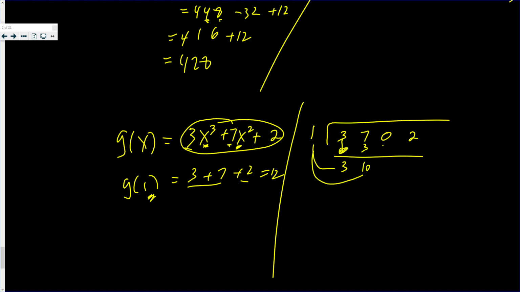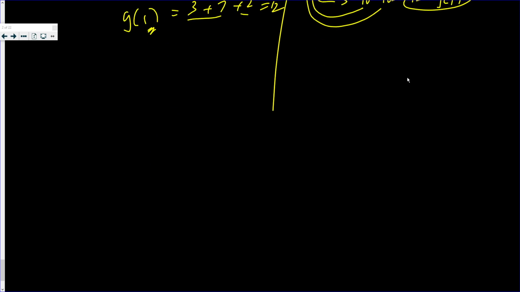You multiply, you put it there. You add. You multiply, you put it here, and you add. That is g of 1. This stuff works. It's another way of doing function evaluation for polynomials.